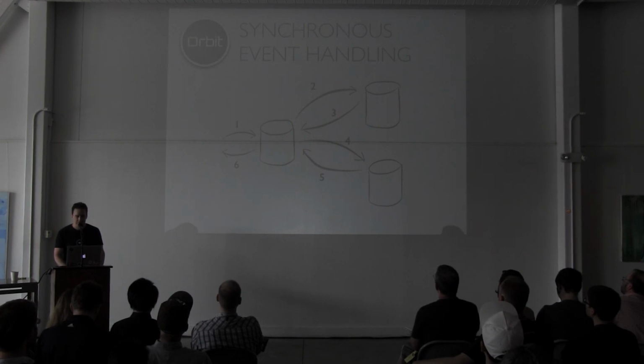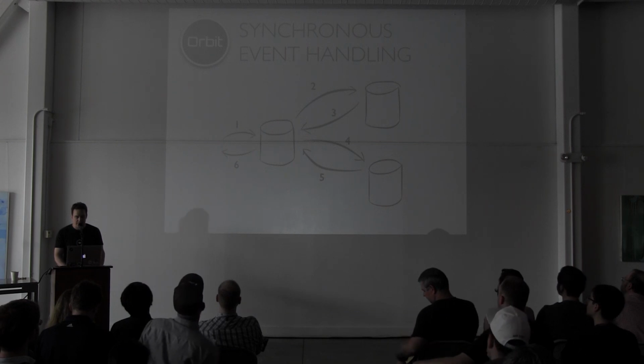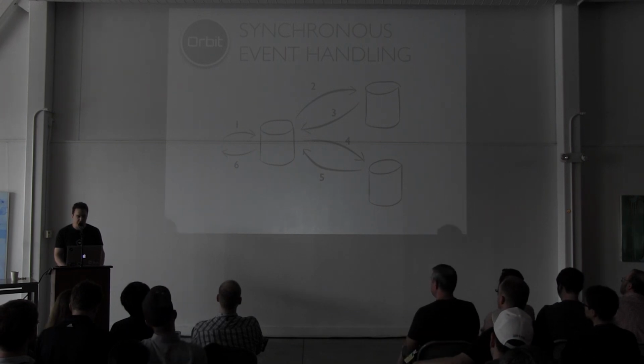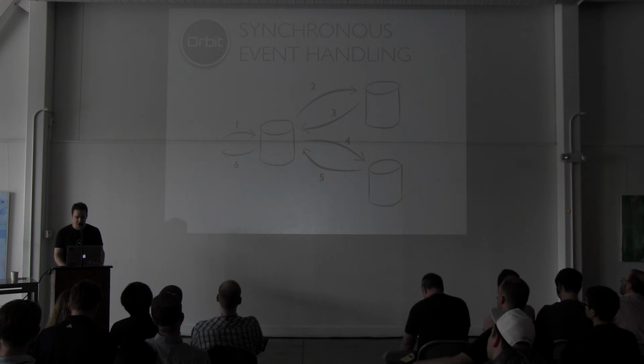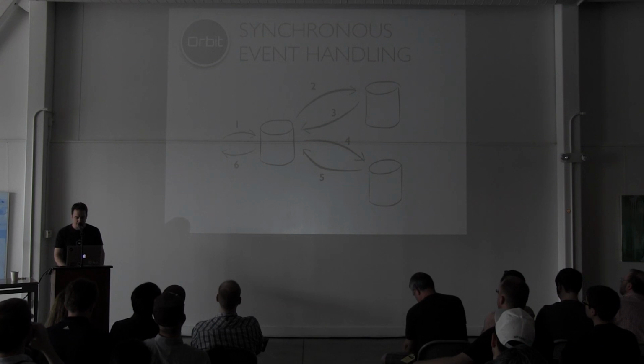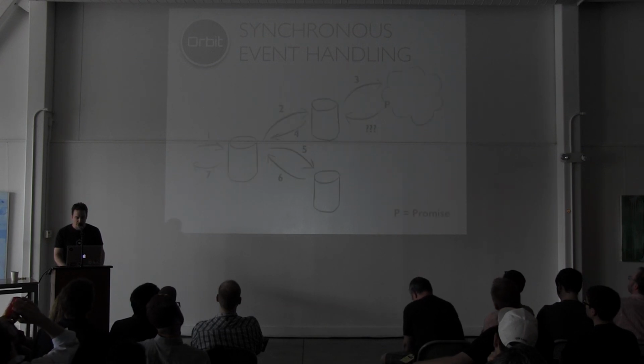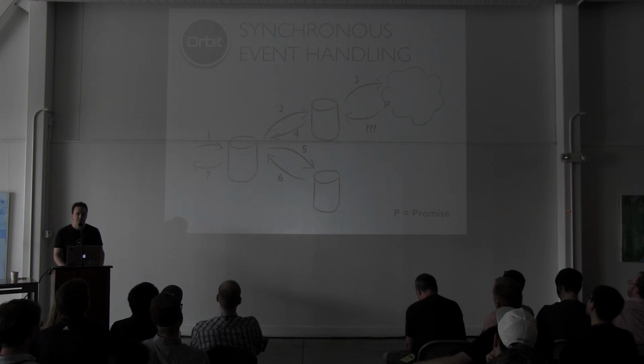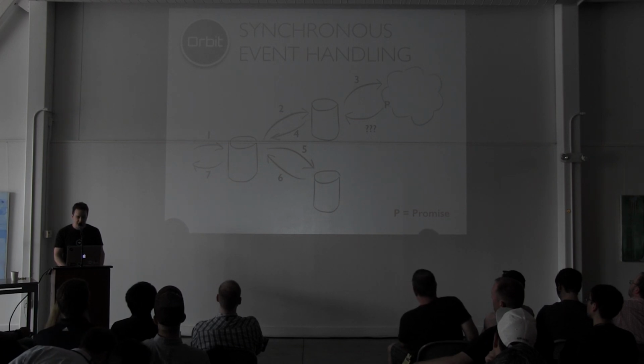In a typical synchronous event handling scenario, the flow of operations from an emitter to a listener is sequential, synchronous and predictable. Once one of those listeners does something that's asynchronous, then it's no longer a deterministic operation.